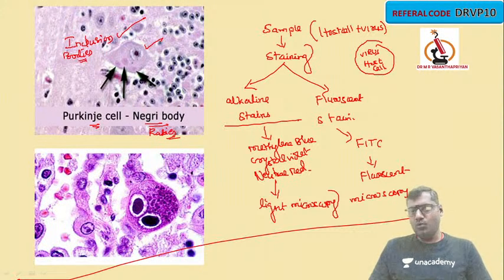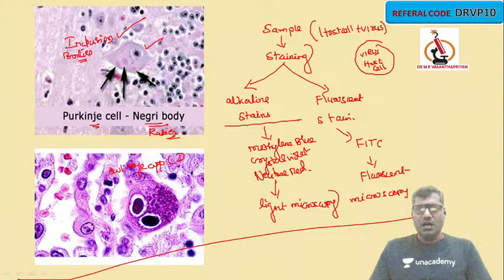Now coming to the second one, the cell will be holding the inclusion bodies here, and the cell size also will be enlarged. The cell enlargement, along with the inclusions present in the cell, will give an owl eye appearance.